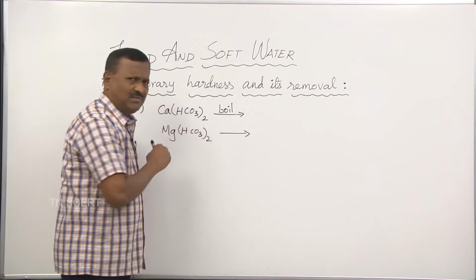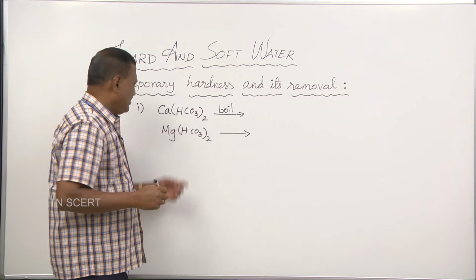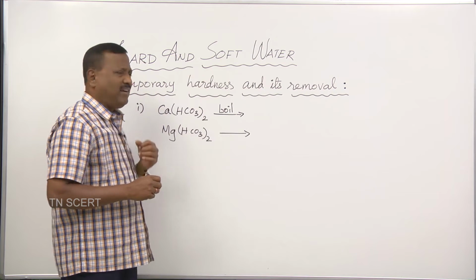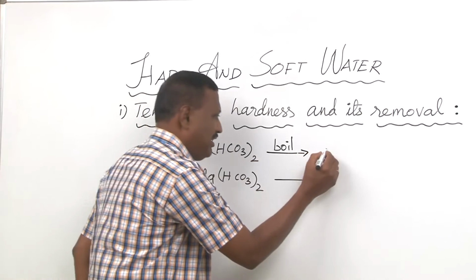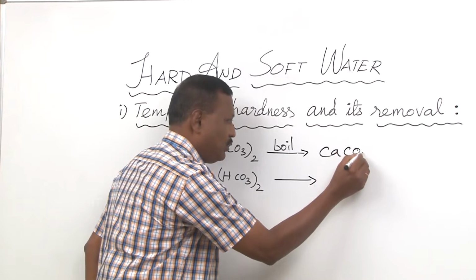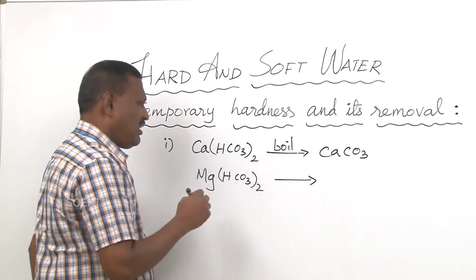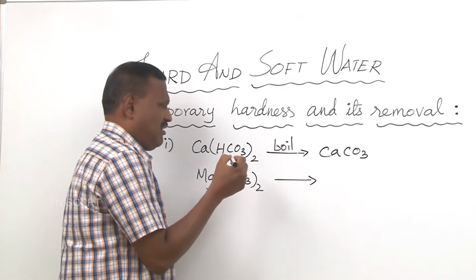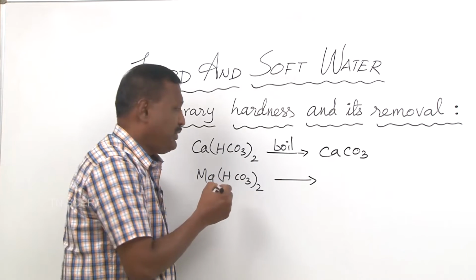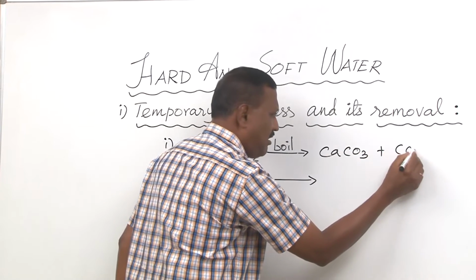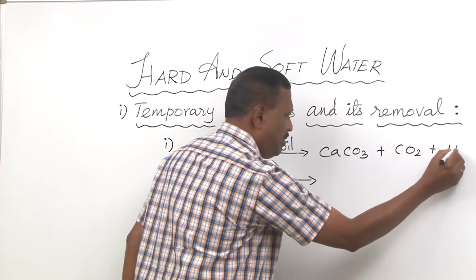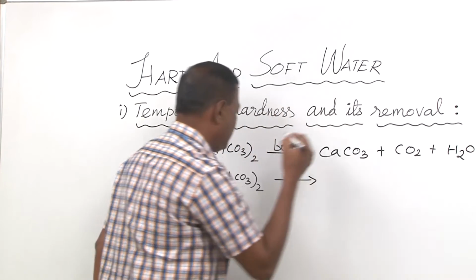So, what happened? The soluble calcium bicarbonate gives a precipitate of calcium carbonate, CaCO3. What are the other possible byproducts formed in this equation? Calcium carbonate plus carbon dioxide gas plus water as byproduct.